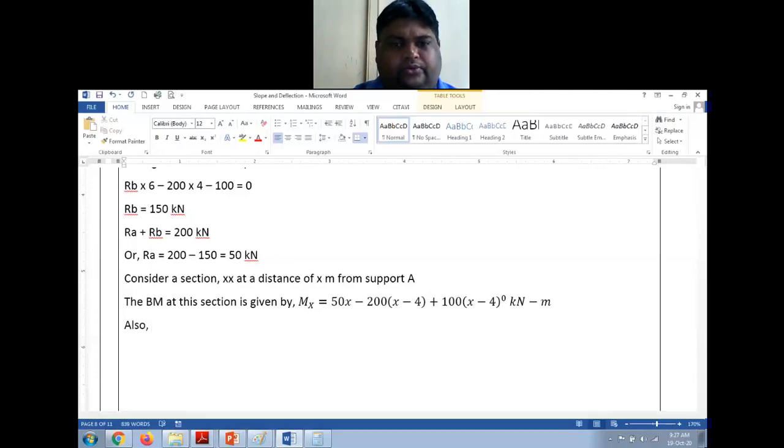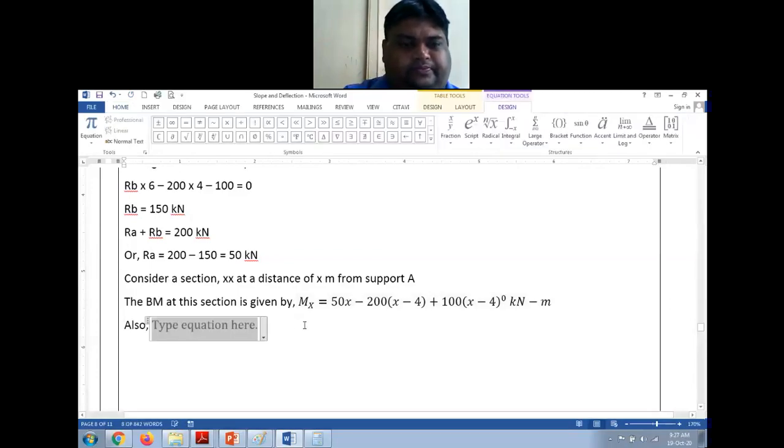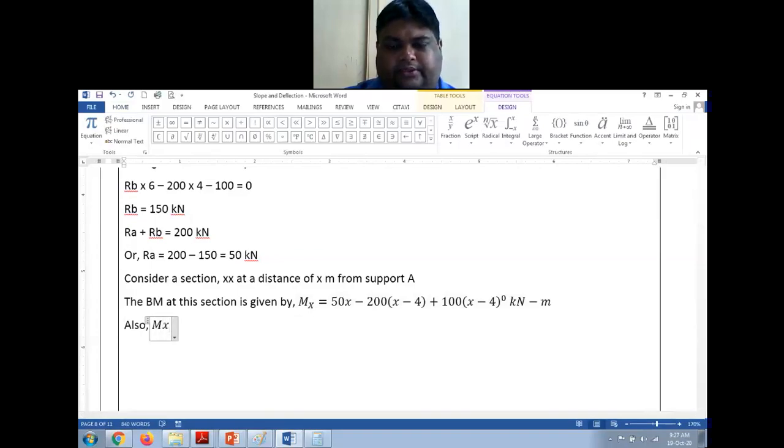Also, mx, I'll just copy this. Mx is equal to EI into d square y by dx square.